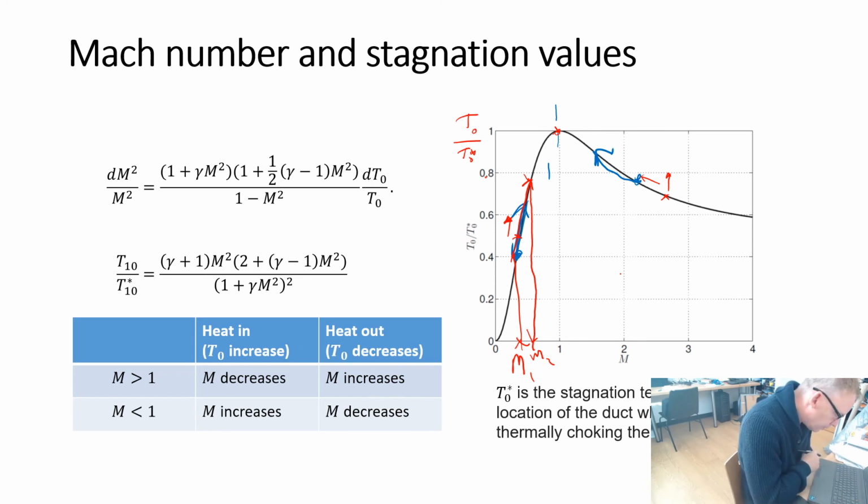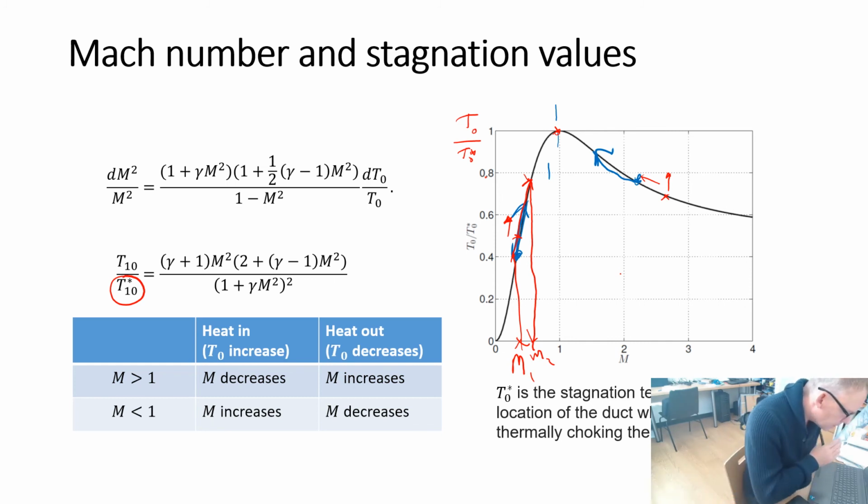Then, of course, we're adding heat, and we end up with a thermally choked scenario where the flow after the detonation front is actually critical. Now, the main point in these calculations, as we'll see next, is that T1 naught star is the conserved quantity.